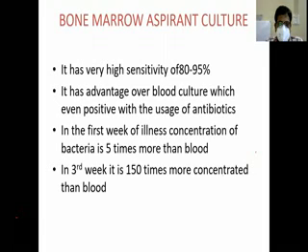It has an advantage over blood culture: even after usage of antibiotics, the chances for positivity are there. In the first week of illness, the concentration of bacteria is 5 times more than in the blood. So the chances of getting a positive result are more in bone marrow aspiration. Even in the third week, it is 150 times more concentrated than blood.